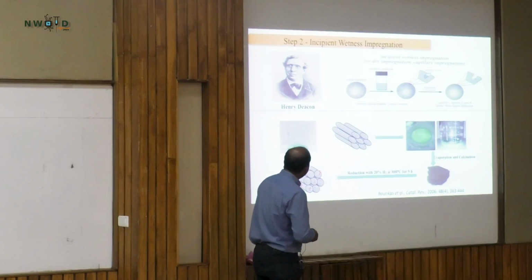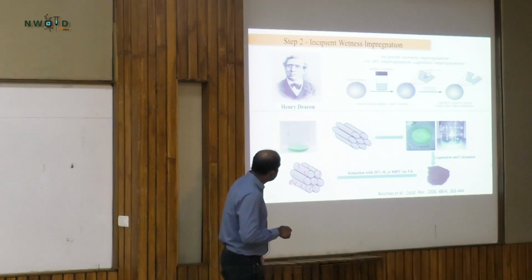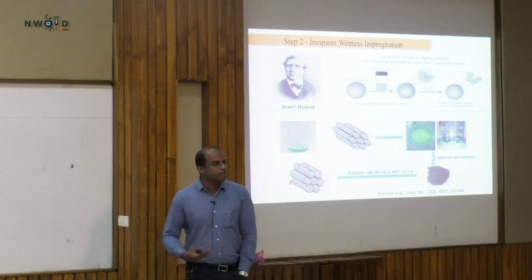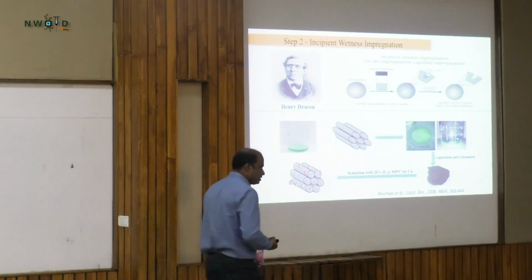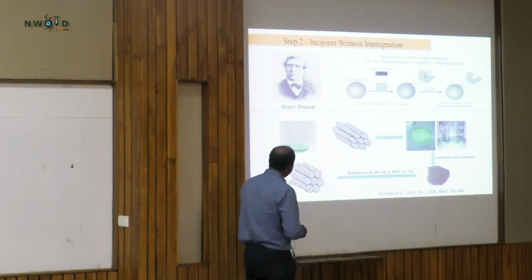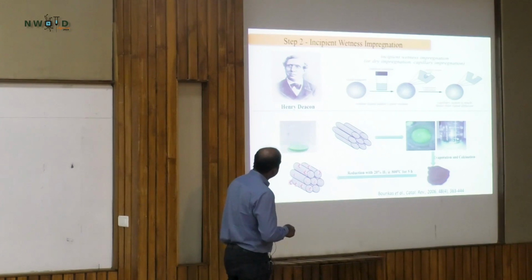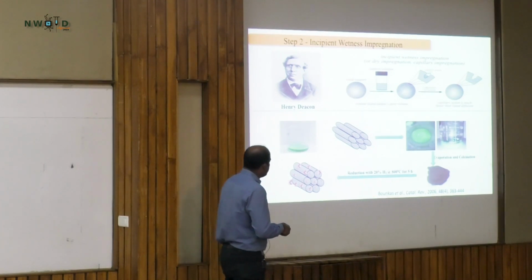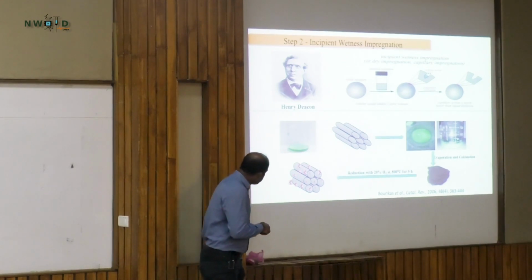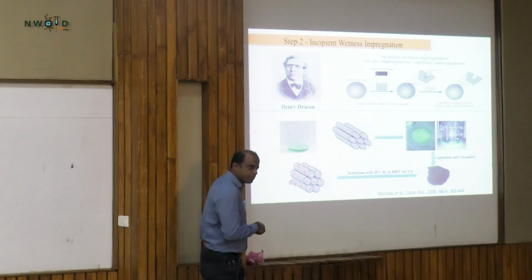This is followed by incipient wetness impregnation, where the metal salt impregnates and reacts at the surface or inside this mesoporous material. The steps are evaporation, calcination, and reduction with hydrogen at 800 degrees C for 5 hours. The catalyst sits either at the surface of the mesoporous material or inside it.